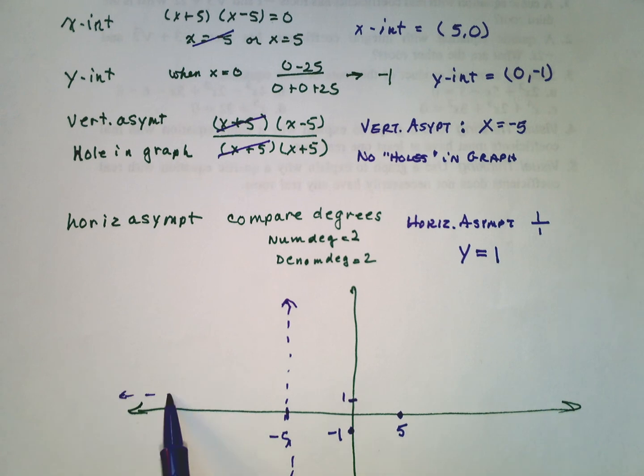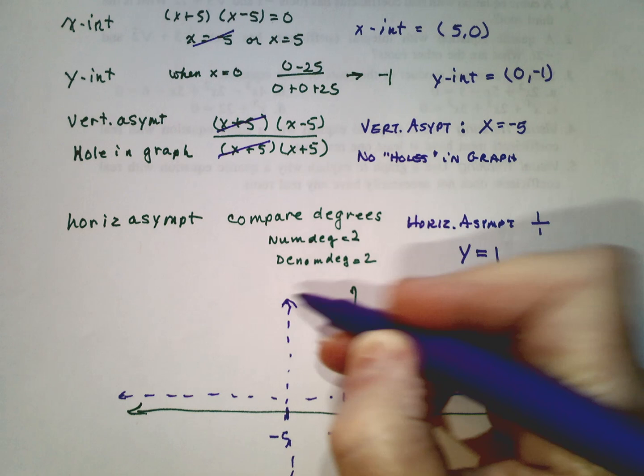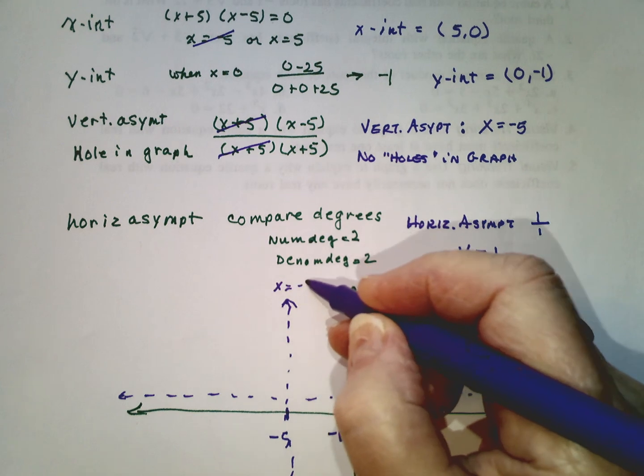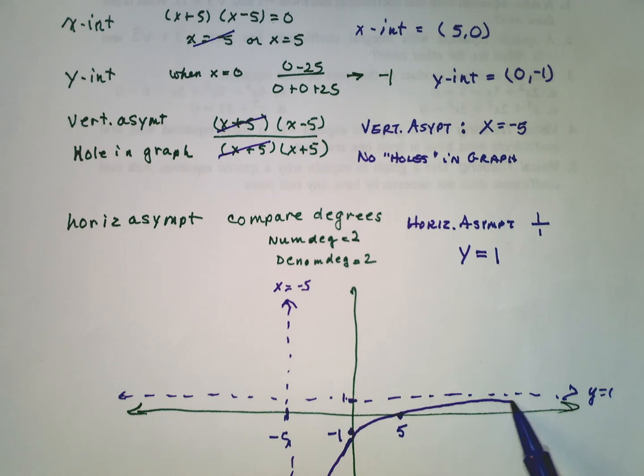It has a horizontal asymptote at y equals 1. And it can cross the horizontal asymptote if it wants to. The graph ends up actually looking something like this.